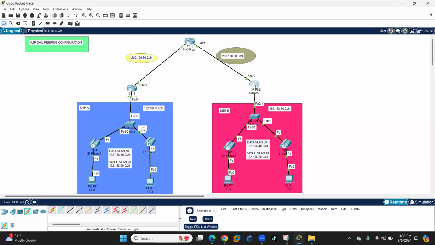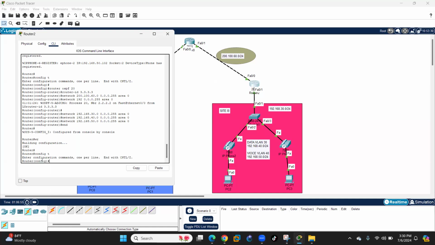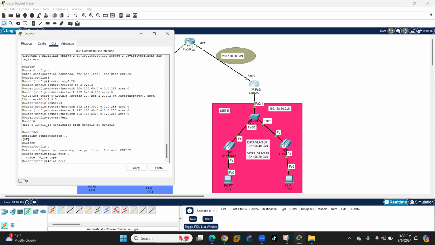I'll copy, let me do it again here. So I'll copy the configuration for you. Config T. Dial-peer voice 1 voip.